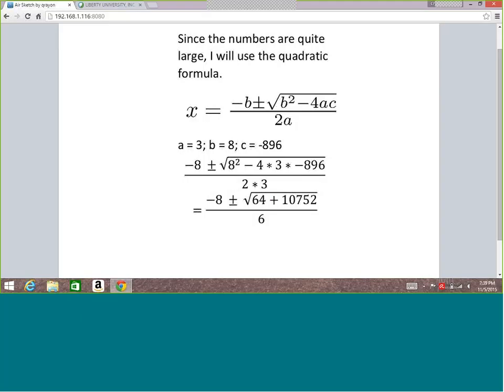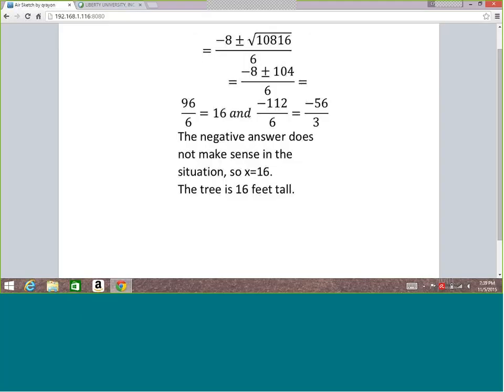and multiply it out. That gives me, and the nice thing is underneath the square root symbol, it's 10,816, and the square root of that is 104. So it's nice, I have a nice square number underneath the square root symbol. Okay, and it gives me 104. So that's how I get my two answers.